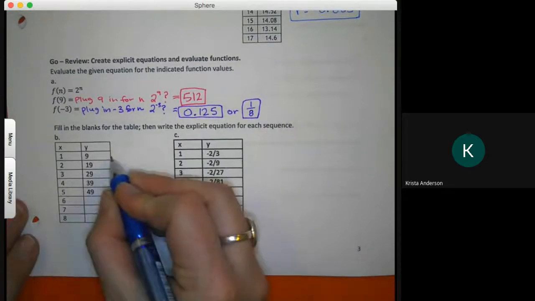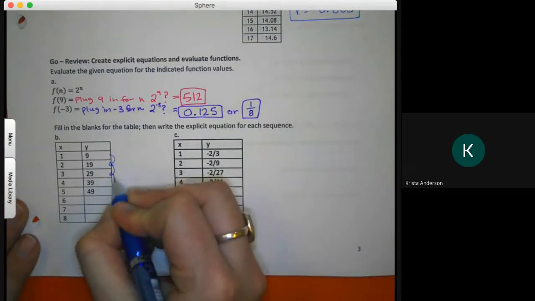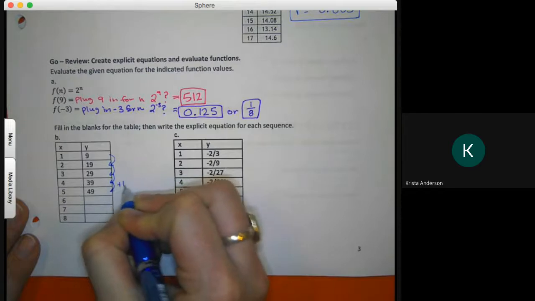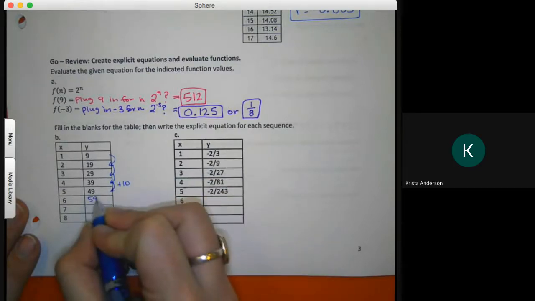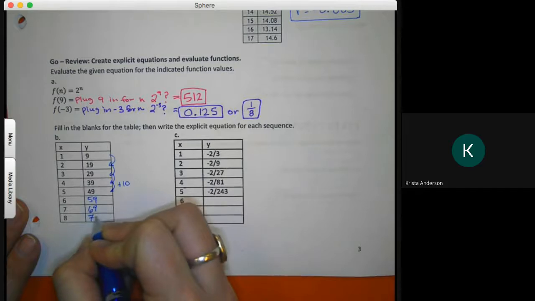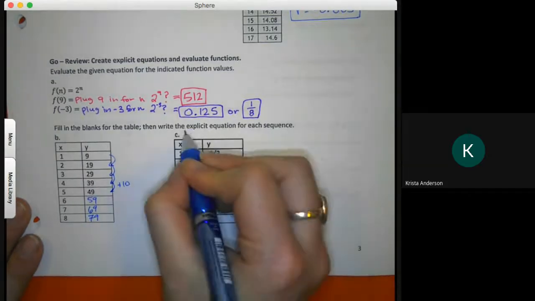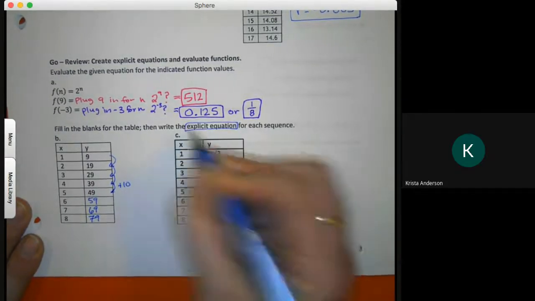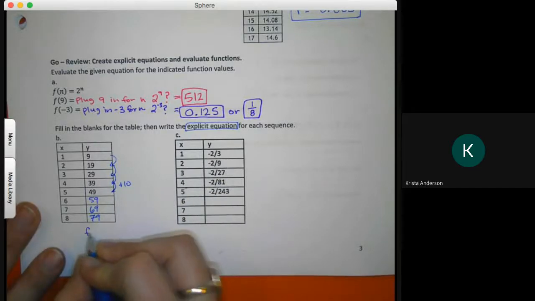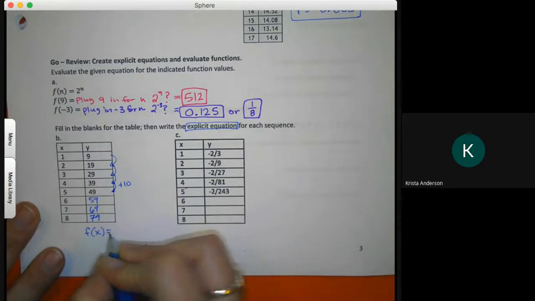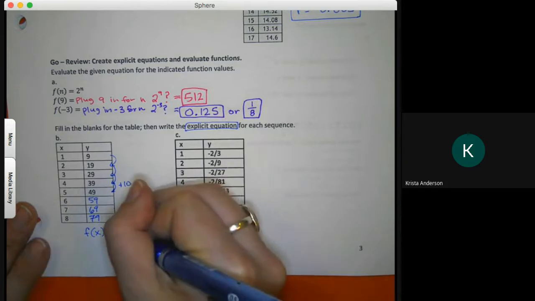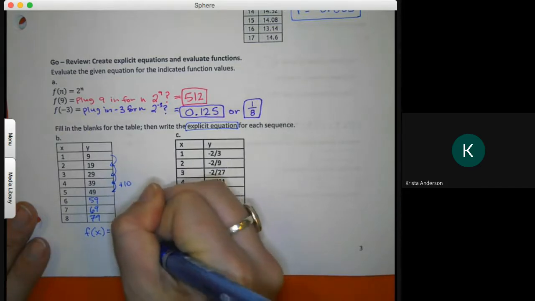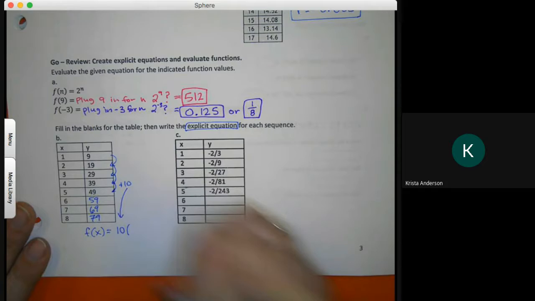Fill in the table. What is this one going by? 10. Plus 10. So I would get 59, 69, 79. It only wants the explicit equation. So I would write f of x equals, I have a positive 10 for my slope.